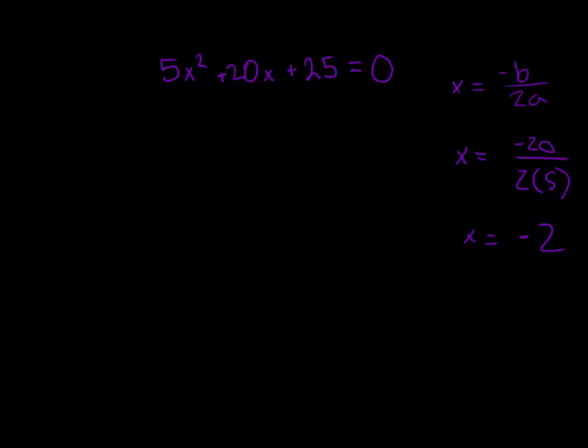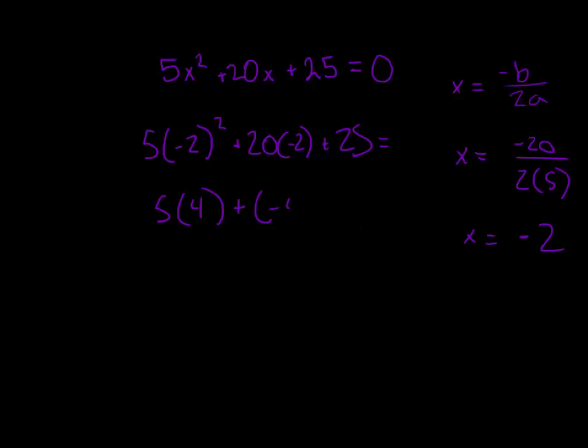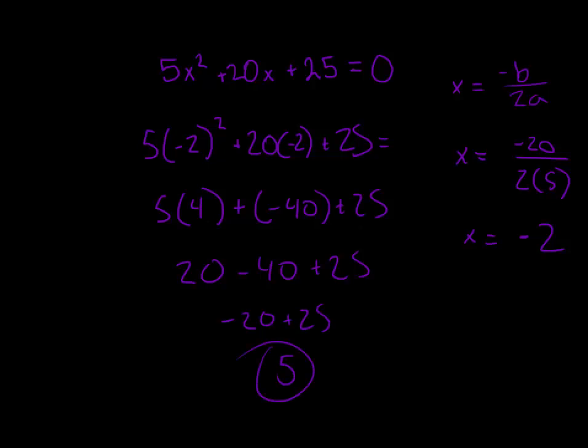Now take that value and plug it into the equation. 5 times (-2) squared plus 20 times -2 plus 25 equals 5 times +4 plus -40 plus 25. So that's 20 minus 40 plus 25, which equals -20 plus 25, which equals +5.